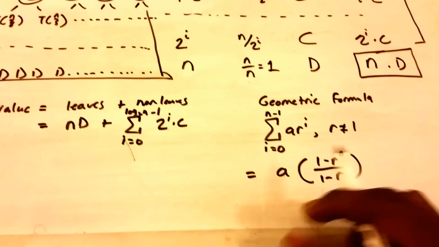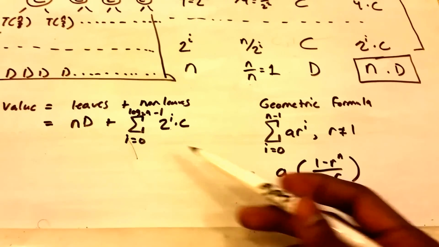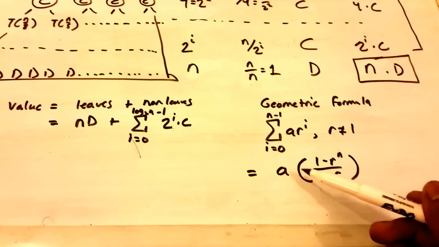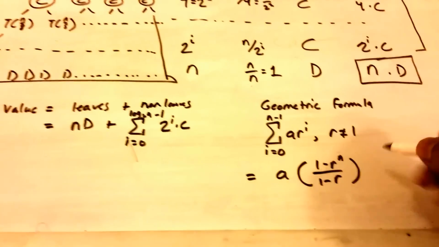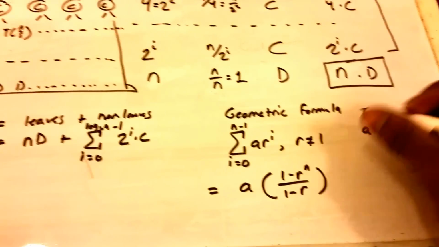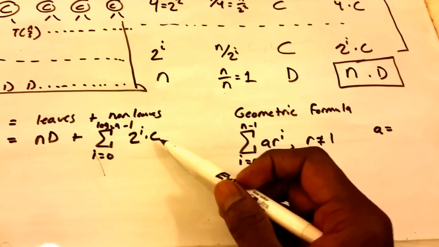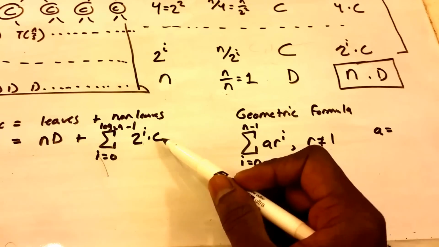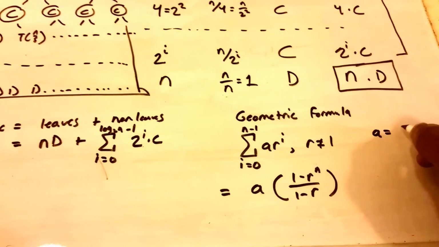Okay, so we can just plug in our values here and solve for our summation. So let's see, our a in this case would equal c, because we have a times r to the i, so that's c times 2 to the i.